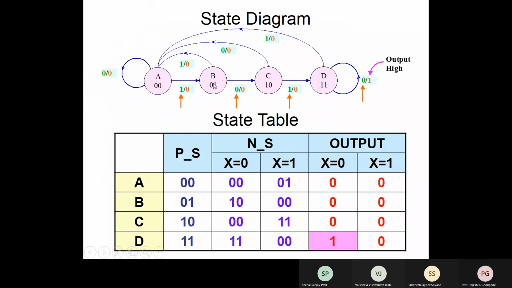But if it detects a wrong bit, like 1 followed by 1, it falls back to the starting state, because it has no way of continuing with the next bit in the sequence, and so on and so forth. Try to understand this. This is a very simple way of drawing, especially for the sequence detector. Try to understand this, please.